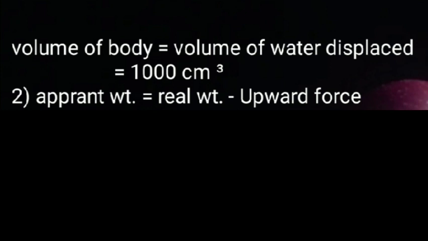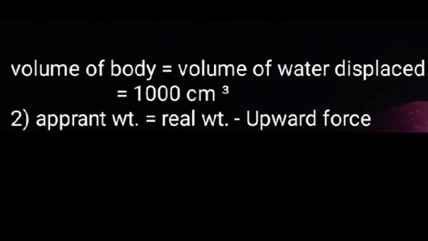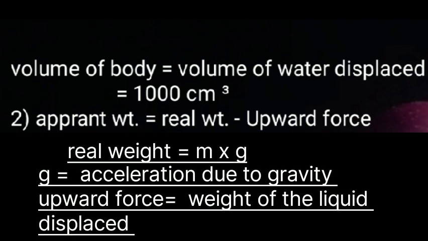Apparent weight is equal to real weight minus upward force. Since we have given the mass of the body, the real weight in air will be real weight is equal to m into g, where g is the acceleration due to the gravity and the upward force is weight of the liquid displaced.